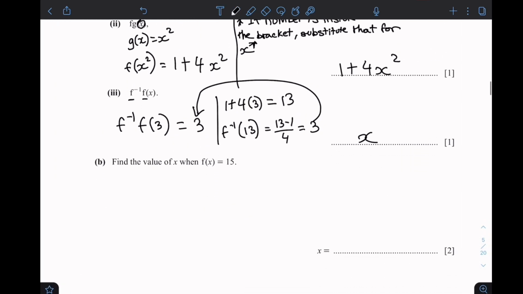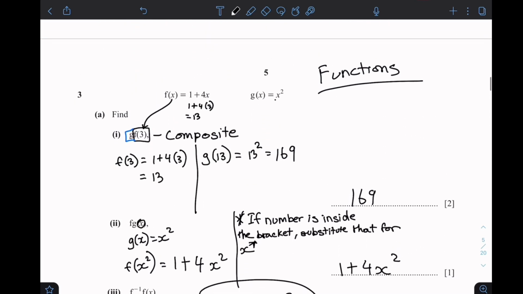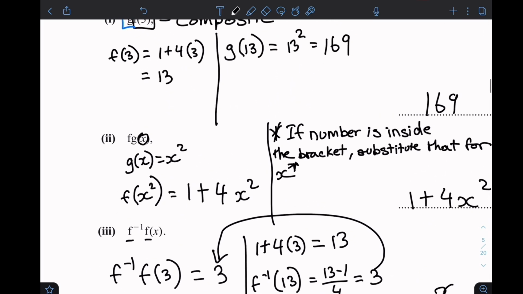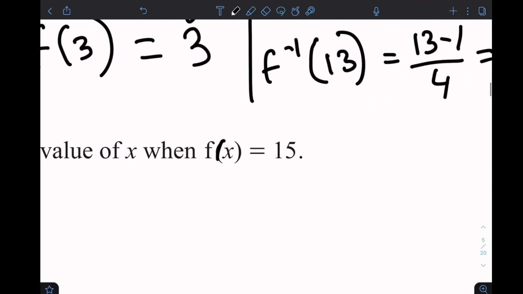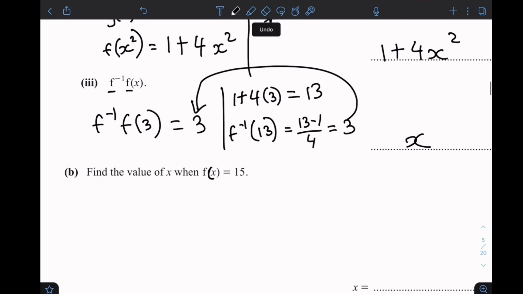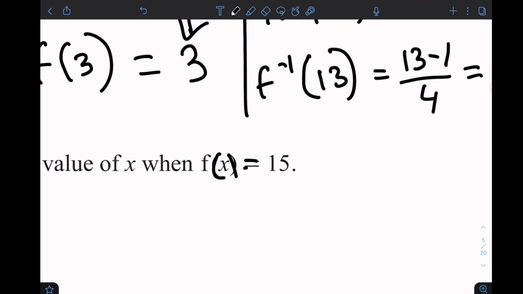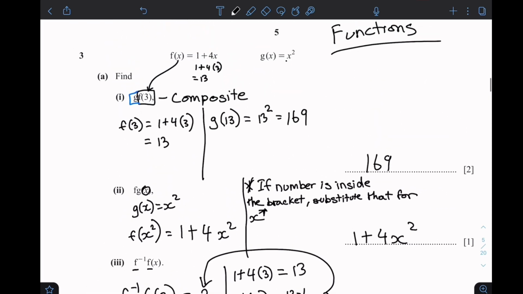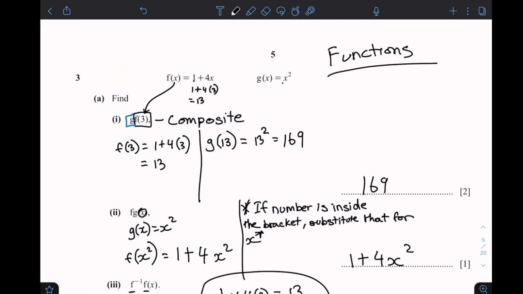Now find the value of x when f of x is 15. Now, last time the x or any number was inside the parentheses, okay? But this time the number is saying it's equal to 15, which means you do not substitute 15 in this 1 plus 4x.